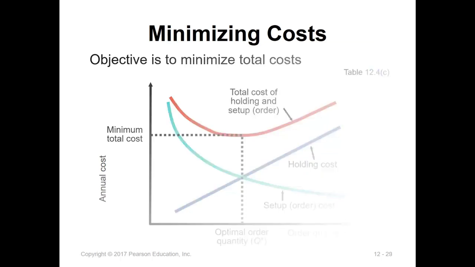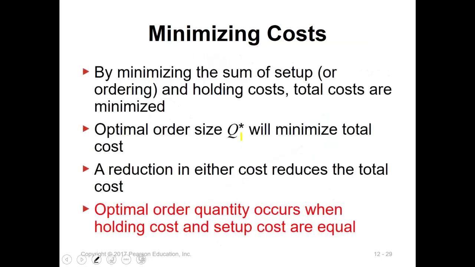Now, using the mathematical model, we are going to find this. By minimizing the sum of the setup and the holding cost, the total cost is minimized. A reduction in either cost reduces the total cost.